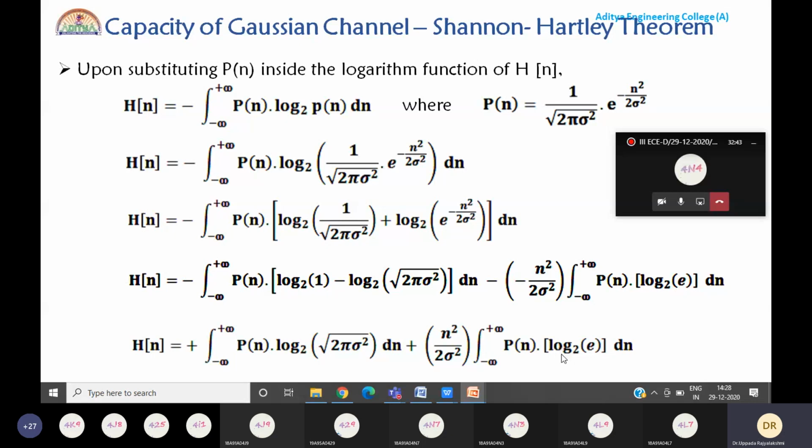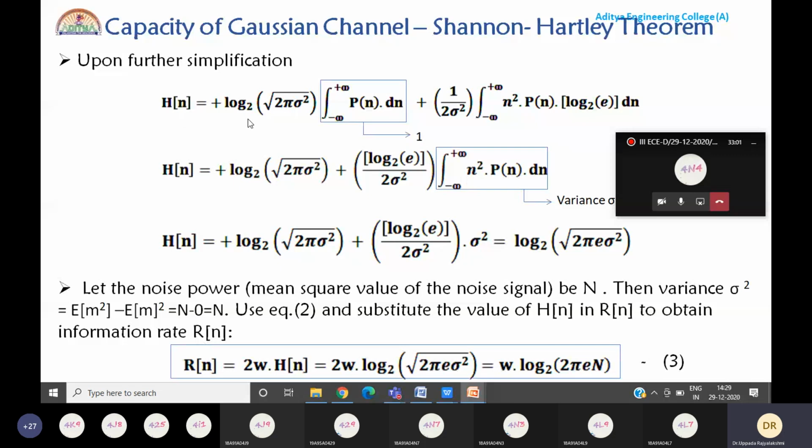The values which are independent of n, please take outside the integration. Here log e base 2 is independent of n, and log root 2 pi sigma square is also independent of n. So we can take these values outside the integration. That's why we obtained log root 2 pi sigma square base 2 outside the integration.